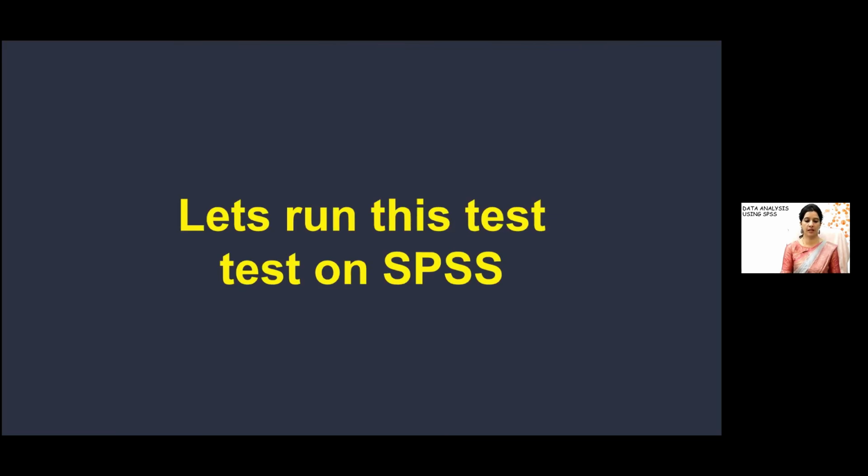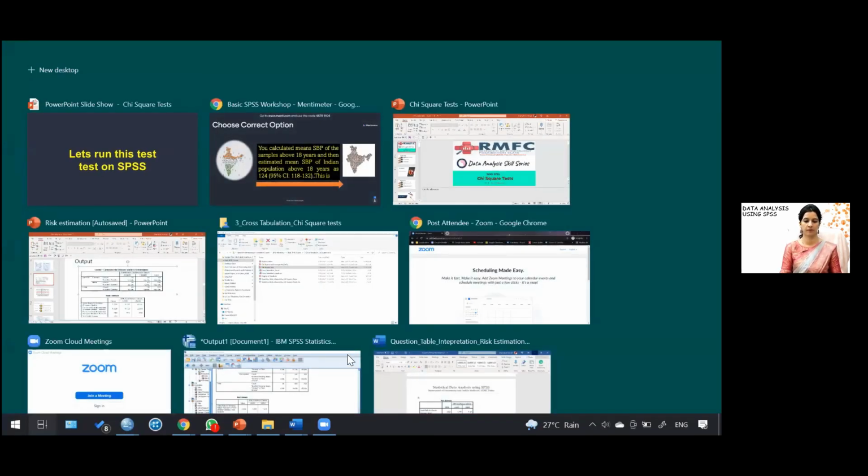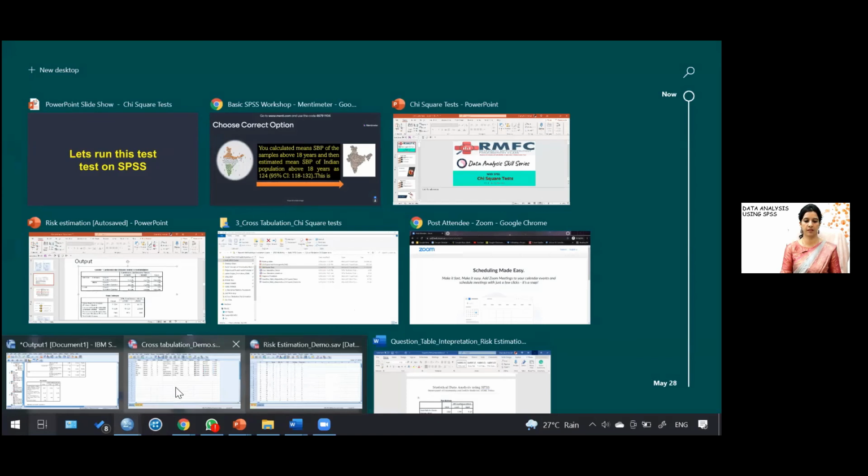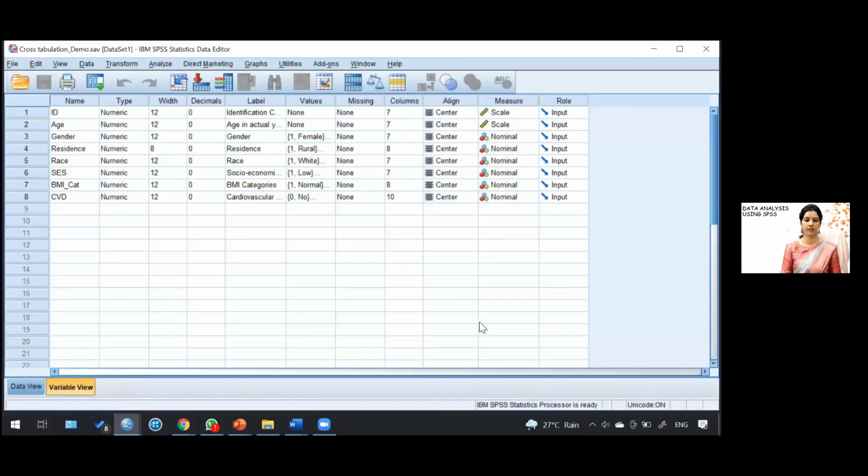Now first I'll discuss the data. This is my SPSS data sheet. Is the screen visible to all of you? First I'll describe the data. You can start seeing it from here.